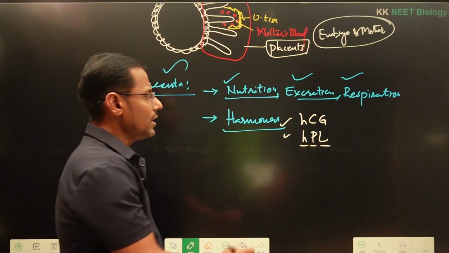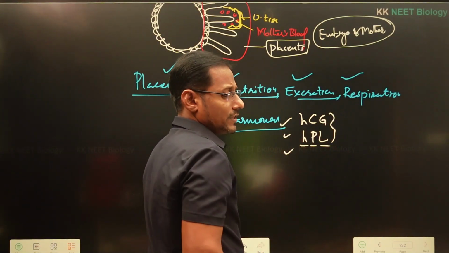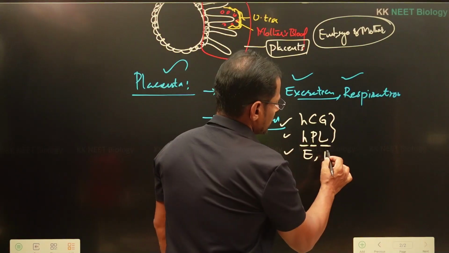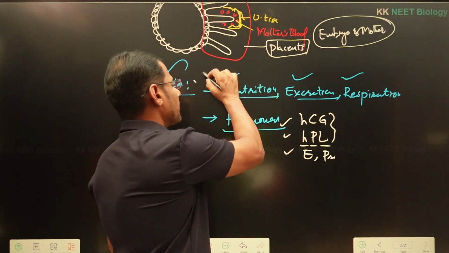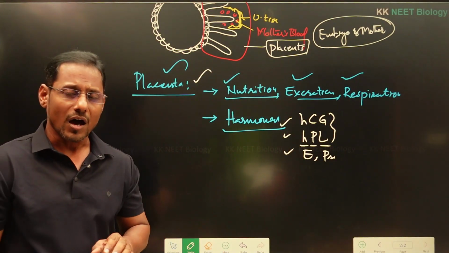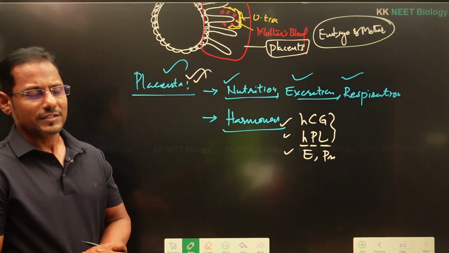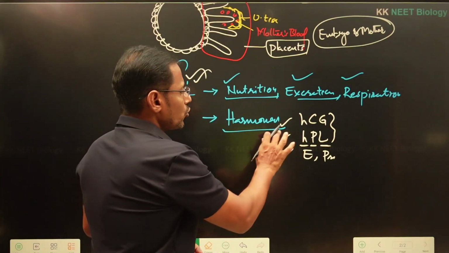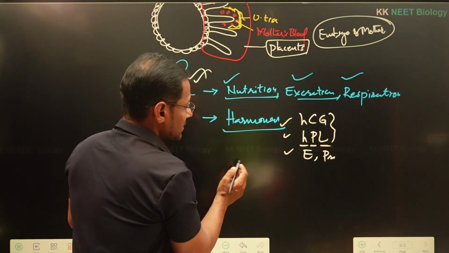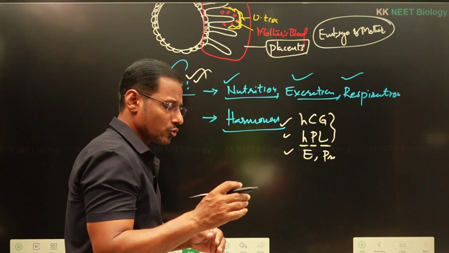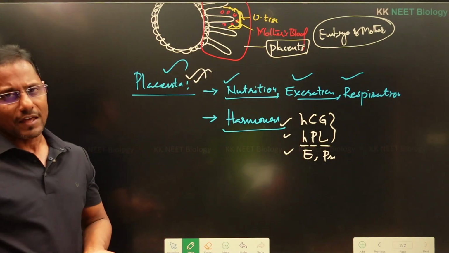Along with these two, estrogen and progesterone are also going to be secreted by the placenta. So these are the hormones released by the placenta at the time of pregnancy. Along with these, some other hormones also are going to be raised in their levels.